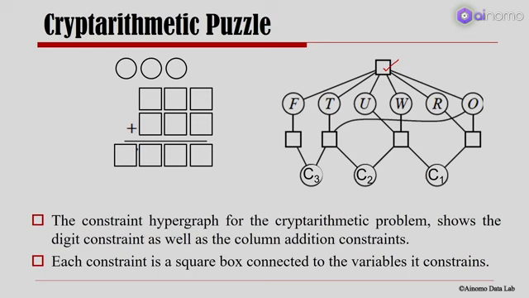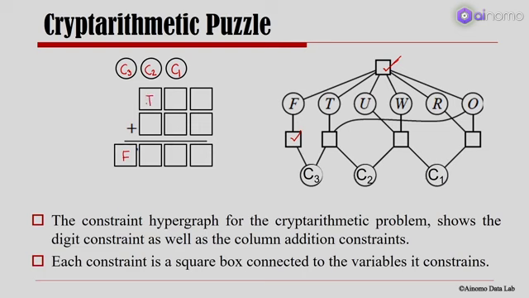The constraint that all of them need to be different digits is coming from this square box. And if this is the carryover C1, carryover C2 and carryover C3, if you remember, this was F. So, the constraint between F and C3 is coming here. C3 and F have a constraint.